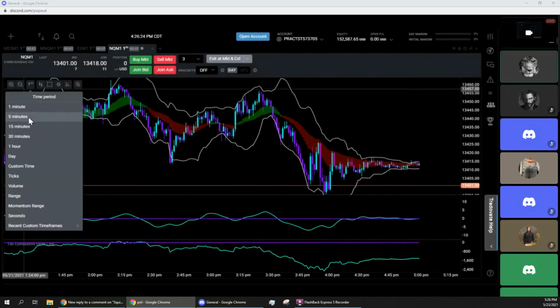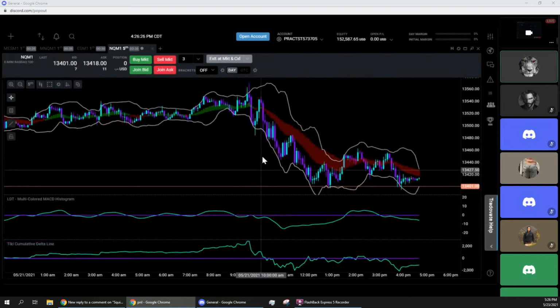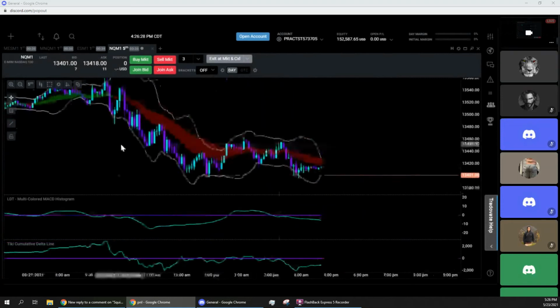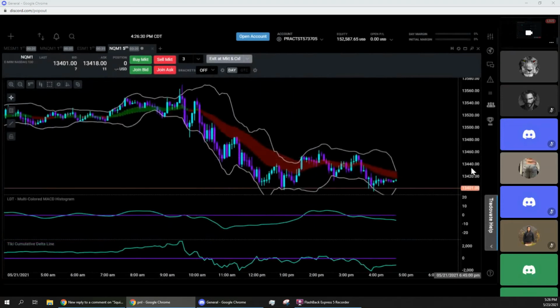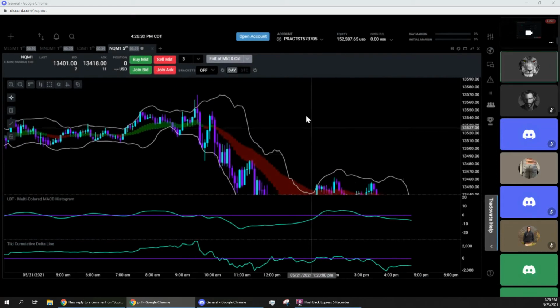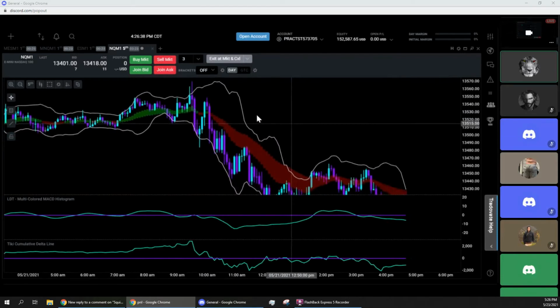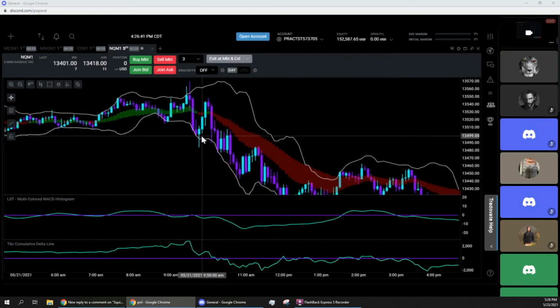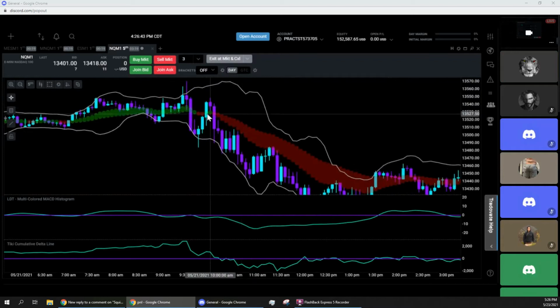I'll show you how to set these lines on Tradovate with this cloud. So we've seen this red to green, this green to red move, right? And we made a green to red move, and this bar just busted through it.